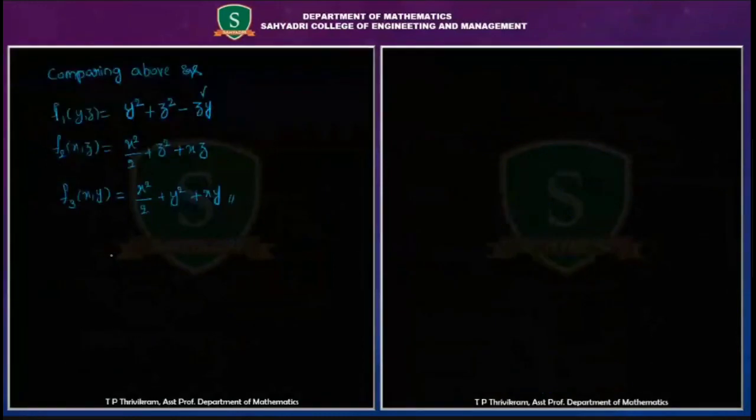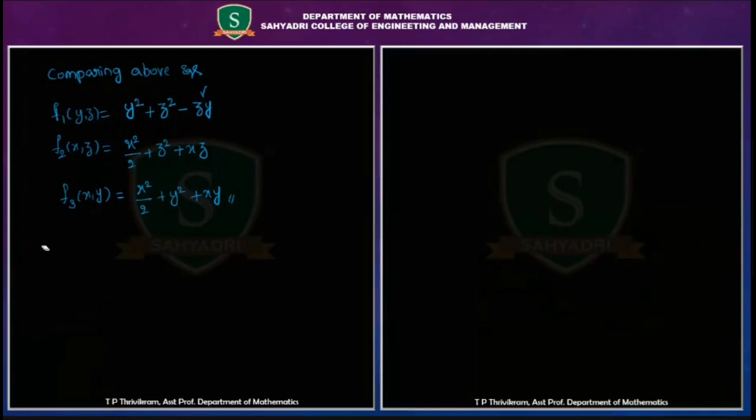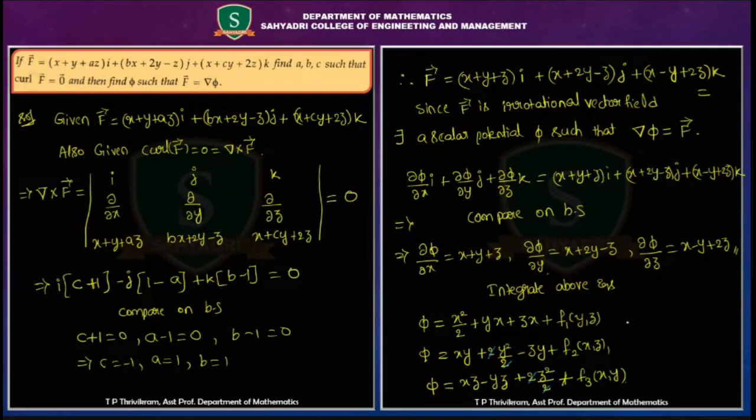Now what we need to do, you have to rewrite the required scalar potential. Therefore, the required scalar potential phi is nothing but phi is equal to, so I'll get a long equation. Take any one equation among these three and substitute f1 or f2 or f3.